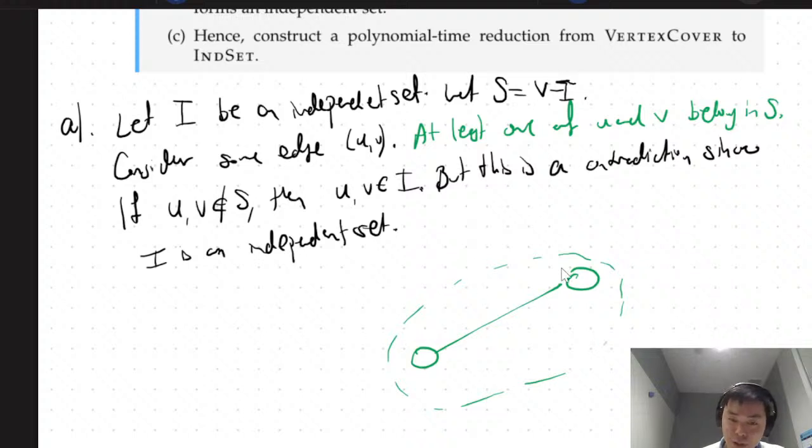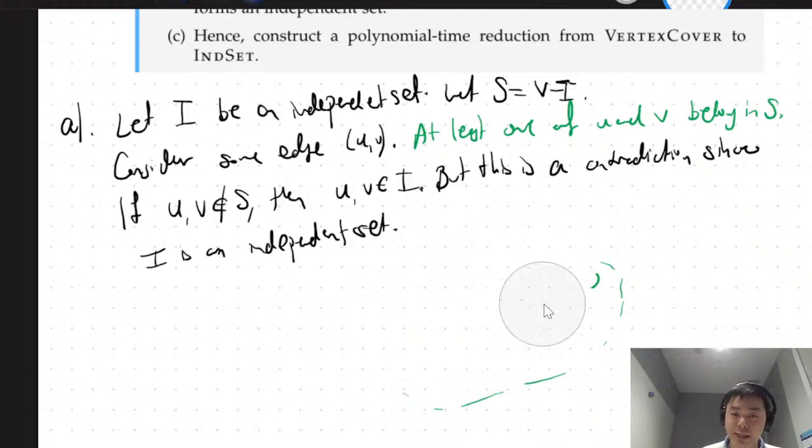If both of these endpoints are not in S, so this vertex here and this vertex here both belong in I, then this is a contradiction, because that means my independent set itself has a pair of vertices that share an edge, but then this is not an independent set. So in fact, that means that at least one of the endpoints in every edge must belong in S, and so therefore S has to be a vertex cover.